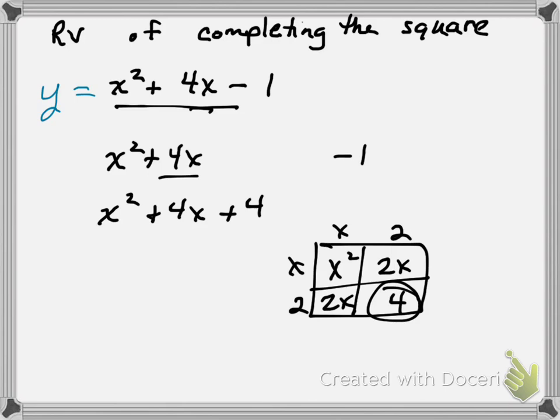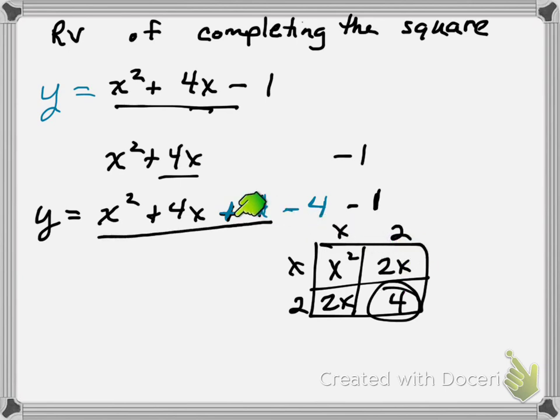And of course, if you're going to add a 4, and we'll put these in a different color because we added them in, you're going to have to subtract 4 to make that actually not change the value of the quadratic. So I'm adding and subtracting a 4 in from what I originally had. Alright, well, this thing right here will factor.